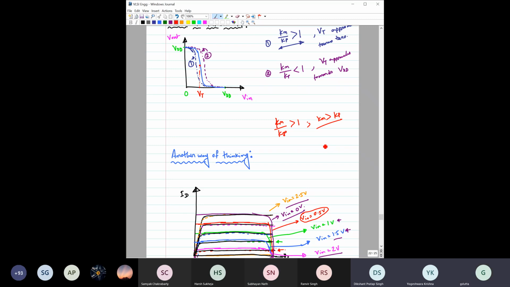More VGS for PMOS means Vin should decrease, and that's why the whole curve shifts towards zero.